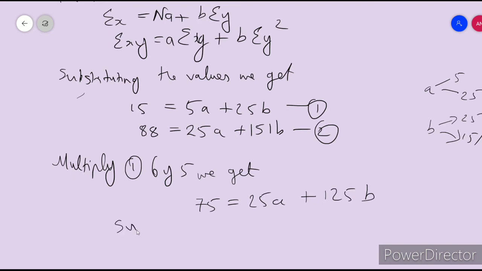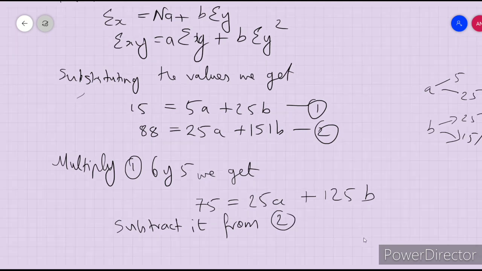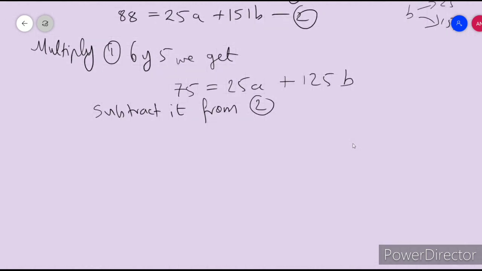Now we subtract it from equation 2, because equation 2 also has 25a, so we can cancel them by subtracting. Because you're subtracting from 2, equation 2 should be written first, then you write equation 1, which has been multiplied by 5.